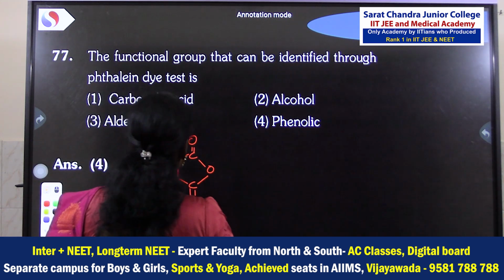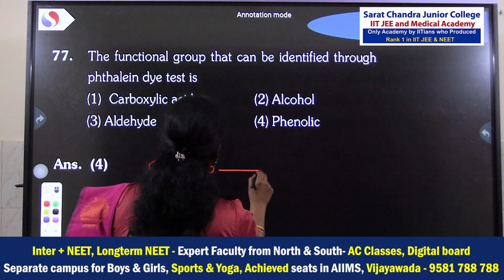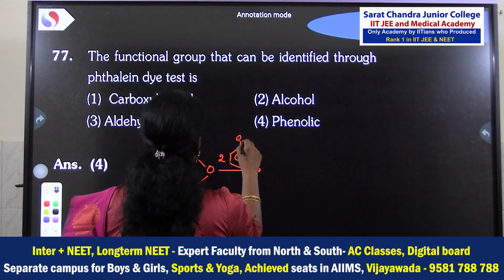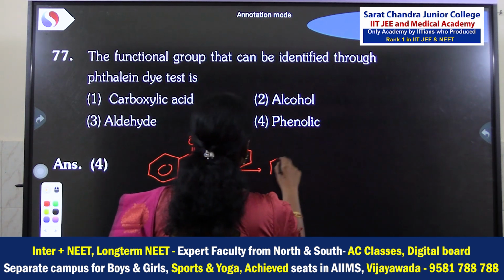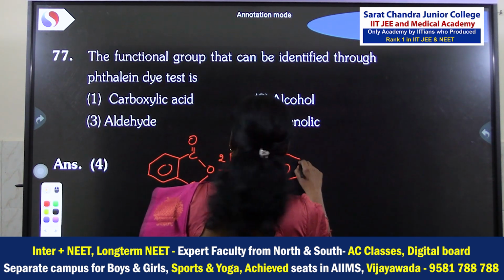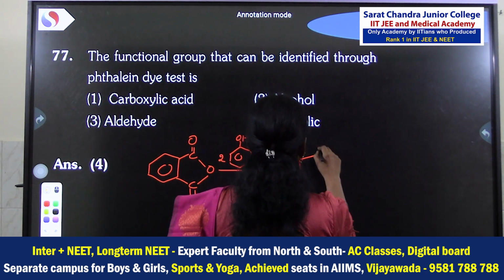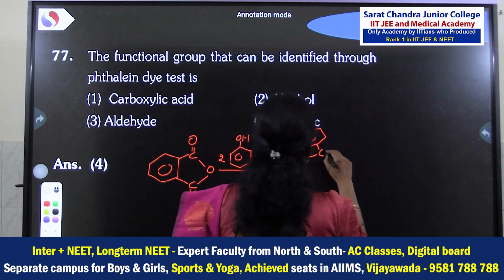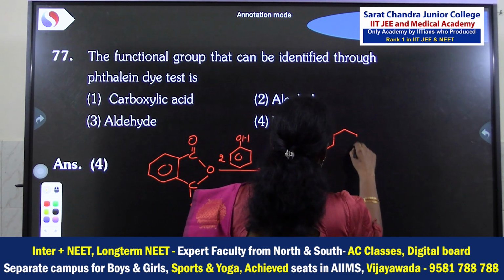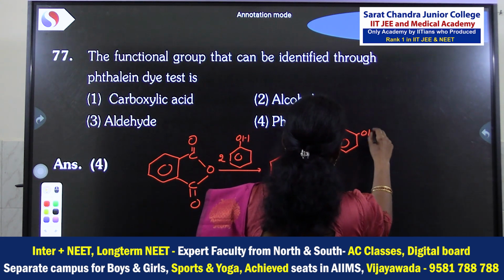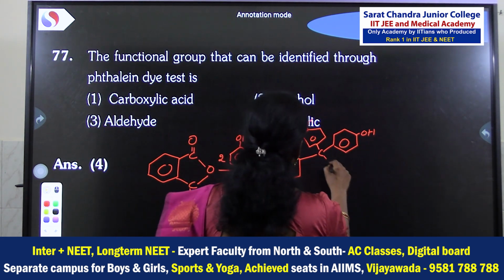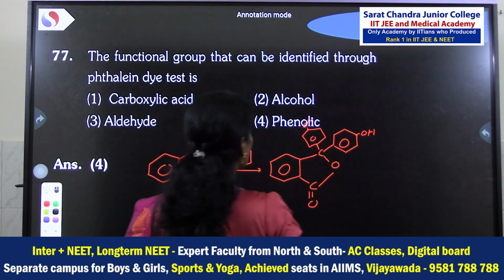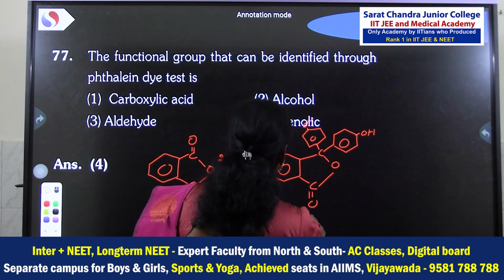When phthalic anhydride is treated with phenol, 2 moles of phenol react with this phthalic anhydride and form a compound. In this compound, 2 phenolic groups are attached to this carbon and O, C double bond O. Now this compound is known as phenolphthalein.